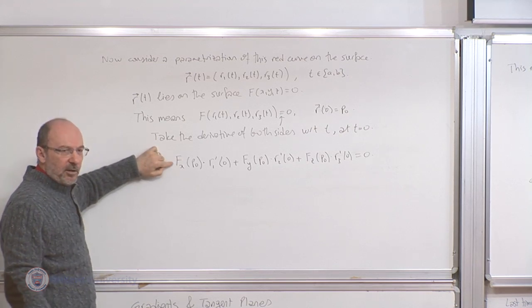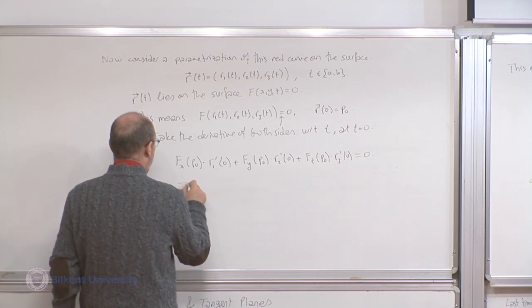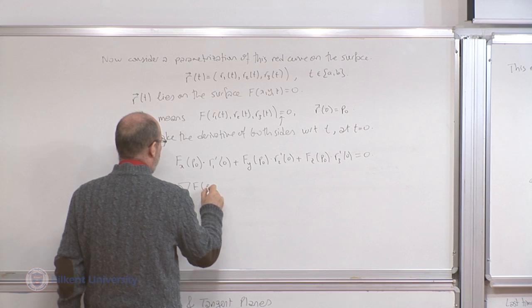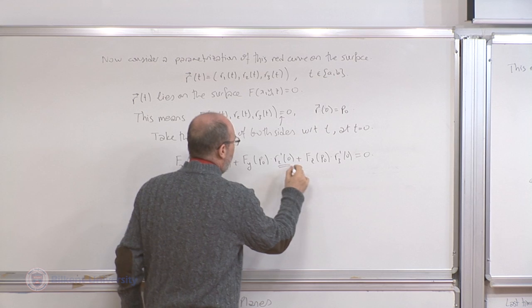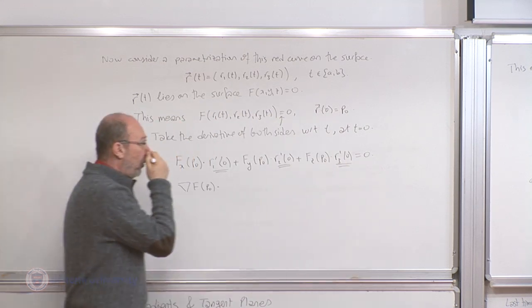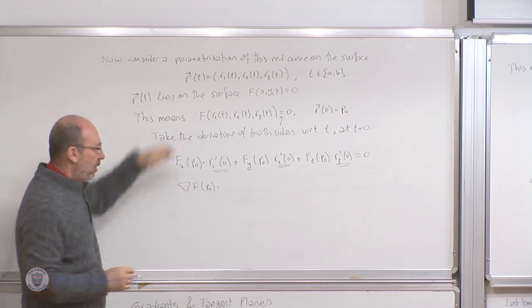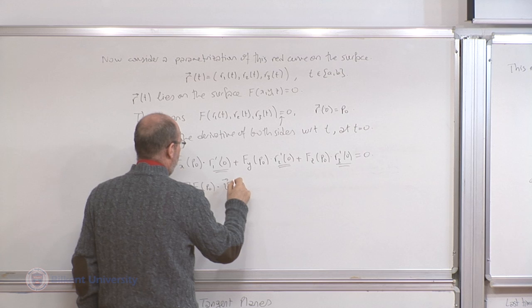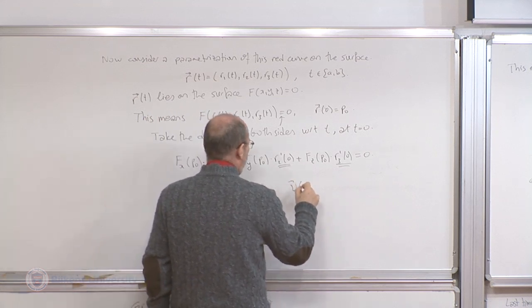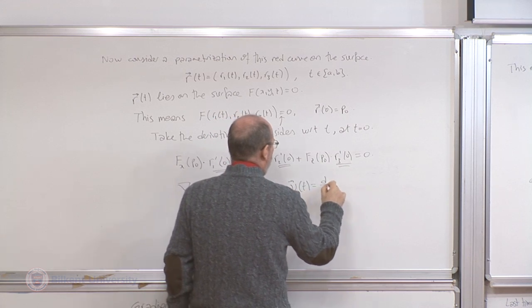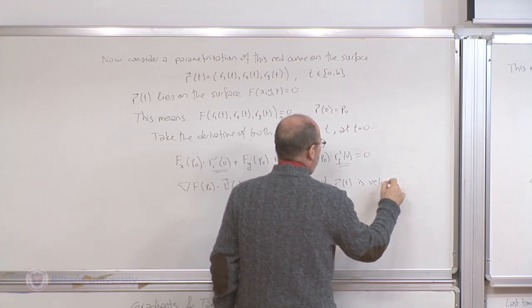Now we stare at this. It's a dot product of two vectors. So this is equal to the gradient of f at p sub 0, multiplied with this vector. But I recognize this vector. This is the derivative of the position vector. The derivative of the position vector is the velocity vector. So this is the velocity vector at t equals 0. Here, d/dt of r(t) is the velocity vector.